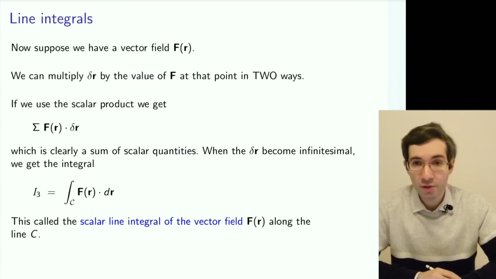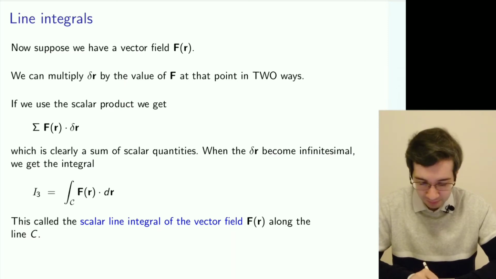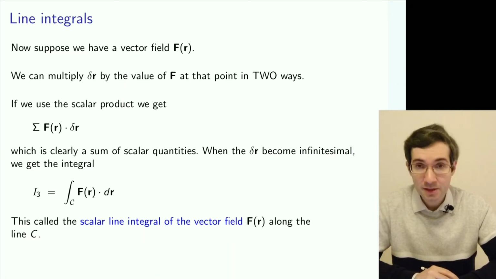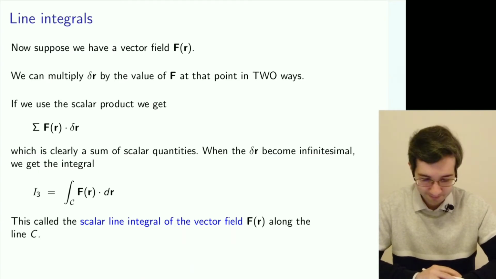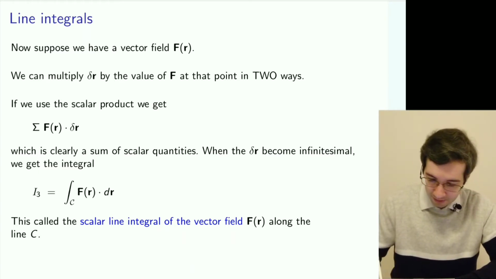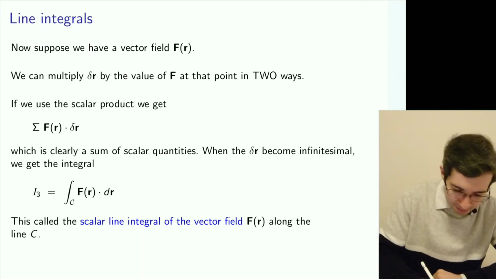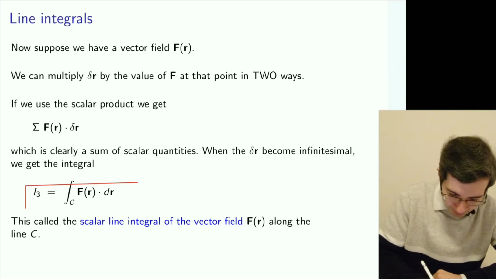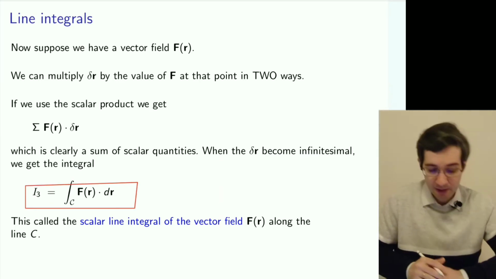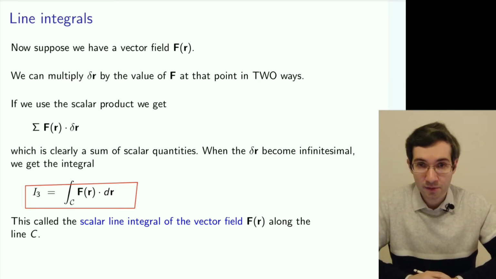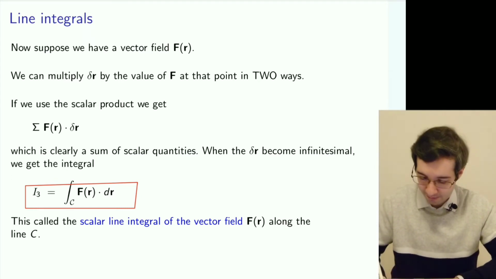And that is what is called a scalar line integral of the vector field along the line curly C, or the path of integration. And that is the common definition which we will use in this course unit. So that is how the line integral in the majority of our situations looks like.